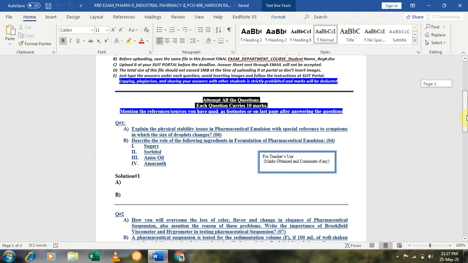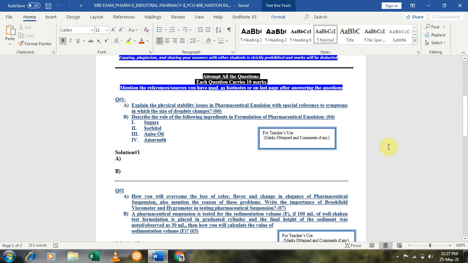After that, you have to attempt the question, that is question number 1. Explain the physical stability issues in pharmaceutical emulsion with special reference to symptoms and with the size of droplet changes.